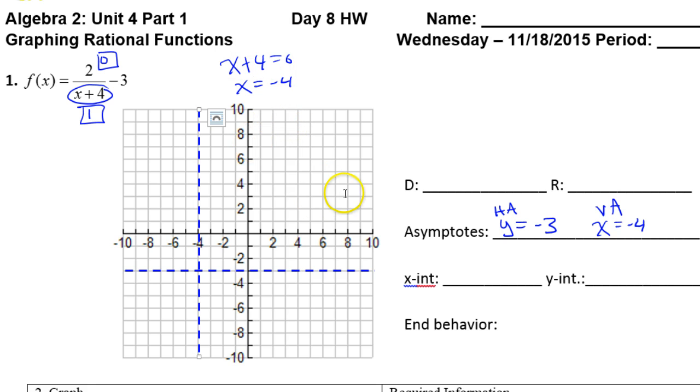Okay, after that, we need a bunch of points. I need at least a few points to the left of the vertical asymptote, and I need a few points to the right.